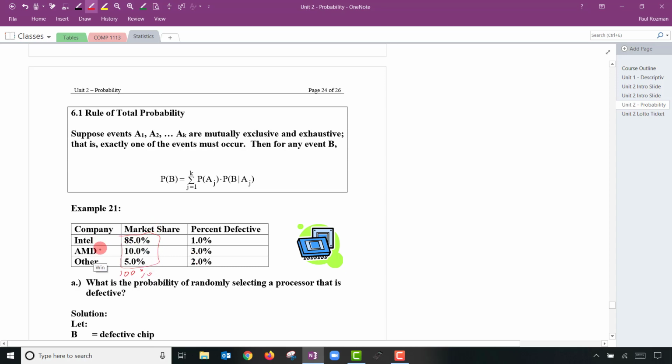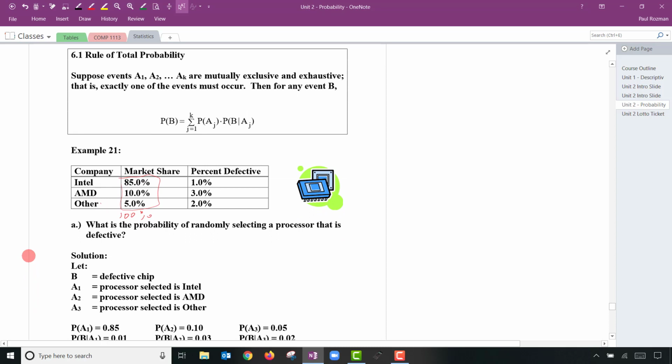You must be from one of these three companies, and they're mutually exclusive. So, a chip isn't made by both Intel and AMD at the same time. Let's not have partnerships.